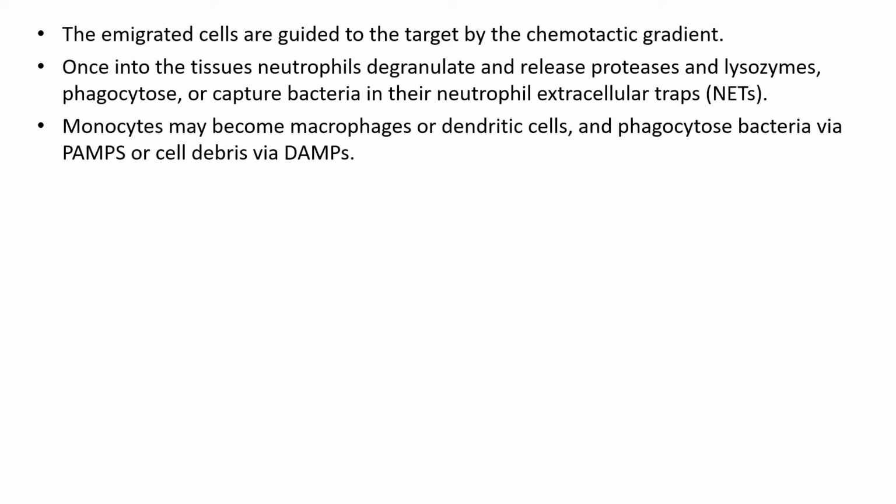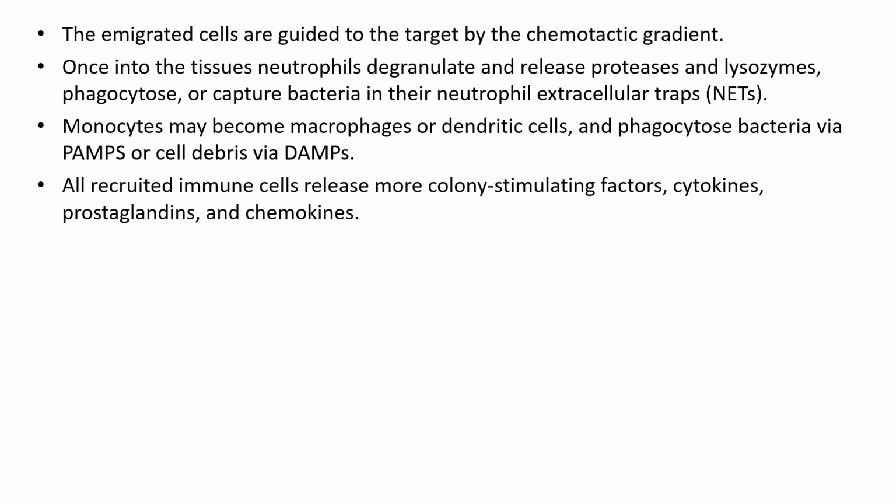Monocytes, as we said, can become macrophages. They can also become dendritic cells. Once they do, they phagocytose bacteria by binding their pattern recognition receptors to PAMPs or to cell debris via DAMPs. All of these recruited immune cells then release more colony-stimulating factors, more cytokines, more prostaglandins, more chemokines, upregulating the whole response again.